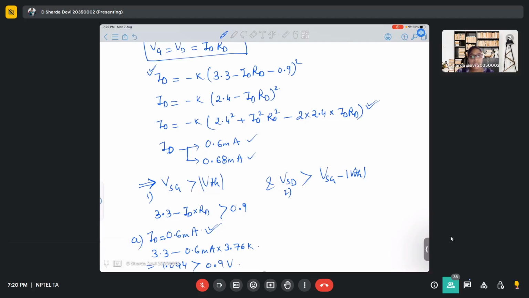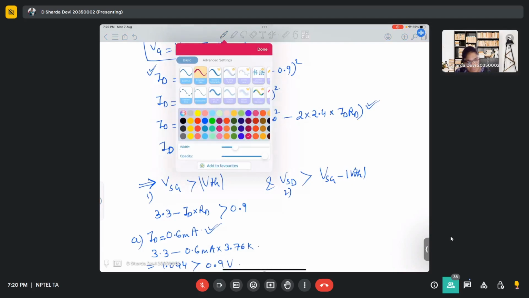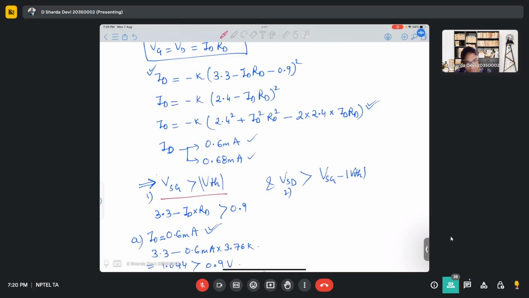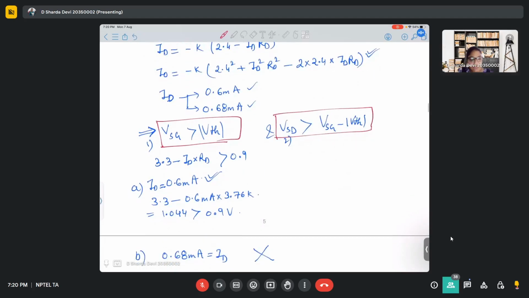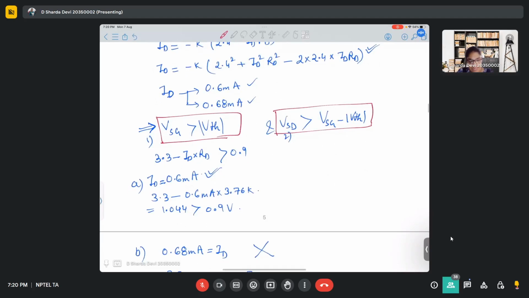So what are the conditions that need to be satisfied? First, your transistor should turn on, and second, the condition for saturation. We will check these two conditions by substituting the values of current.